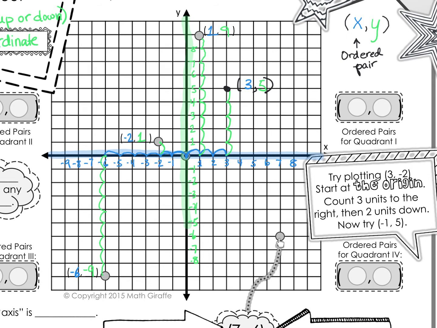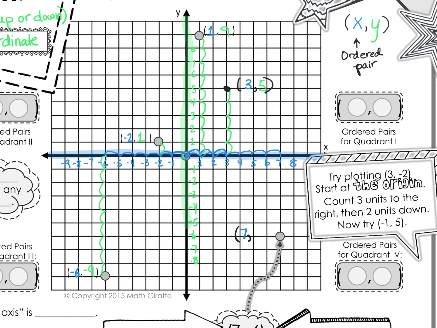Okay, finally, let's go and find this point. Starting at the origin, I'm going to go to the right. 1, 2, 3, 4, 5, 6, 7. So my first point is 7. Put a comma in between.